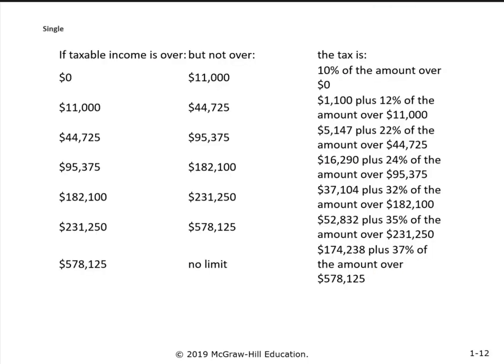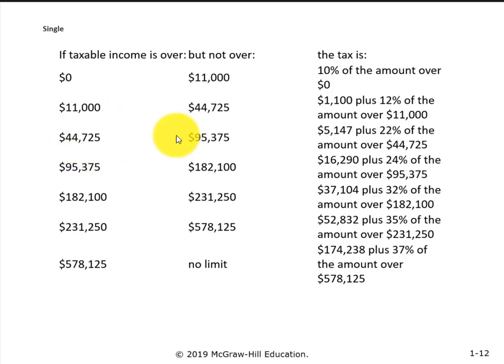Okay, as shown over here, for single, the one we saw earlier was for married filing joint. Single, okay, again, your taxable income from 0 to 11,000, you just pay 10%. From 11 to 44, you pay 10% of the first 11,000 plus 12% of the amount over 11,000.